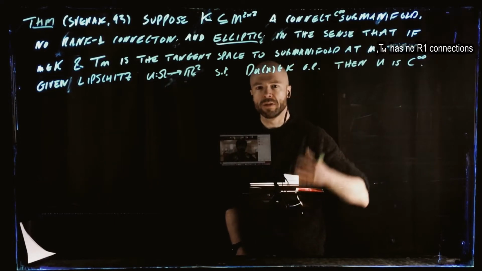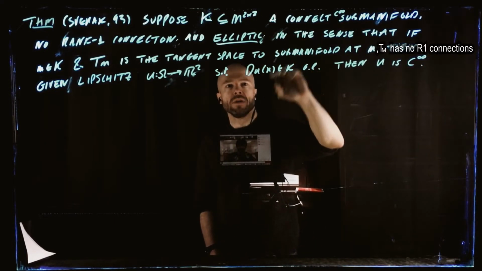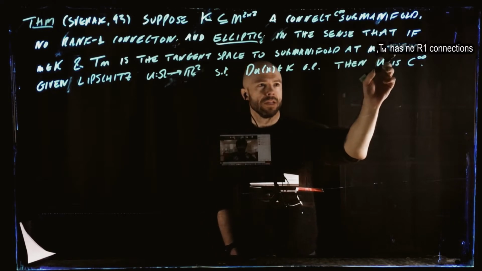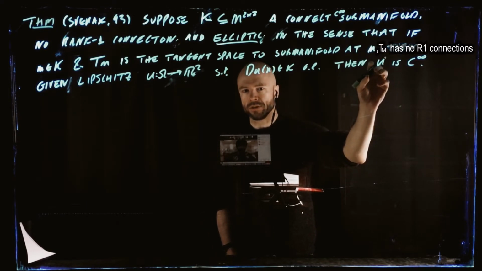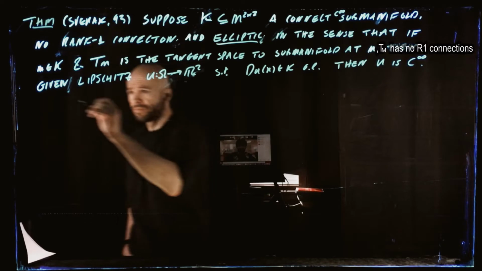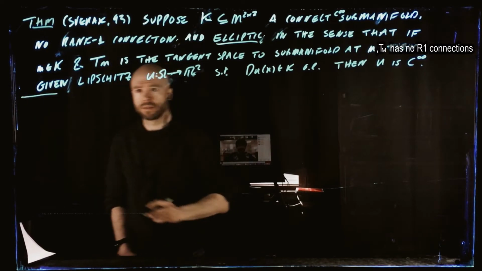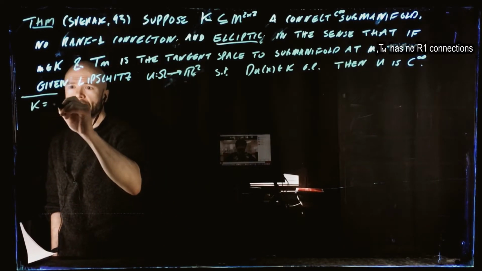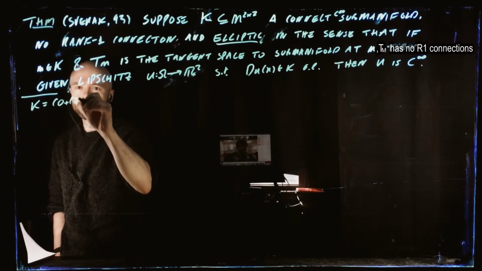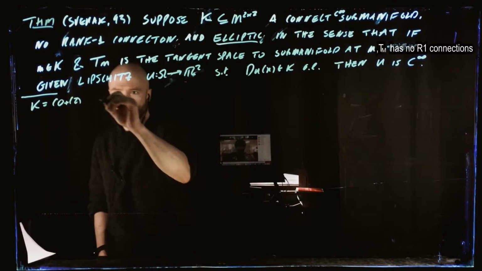So we recover the regularity of the submanifold in the function that satisfies this differential inclusion, right? So before, we did the special case. So K equal to these conformal matrices is the special case, right?